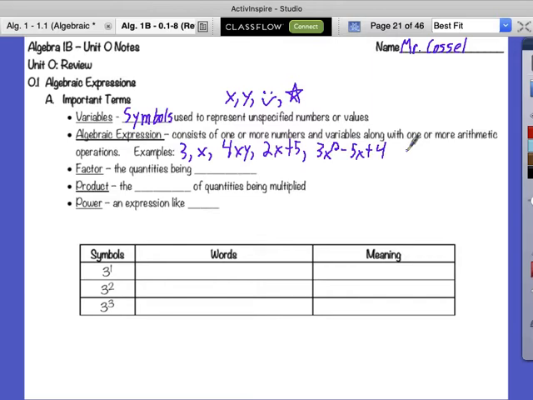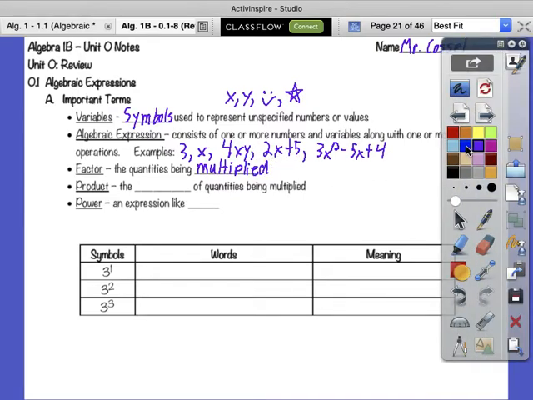Now, if we have factors, factors are quantities that are being multiplied. They're quantities that are being multiplied. So 4xy, 4 is a factor, x is a factor, y is a factor. Don't write this part down.